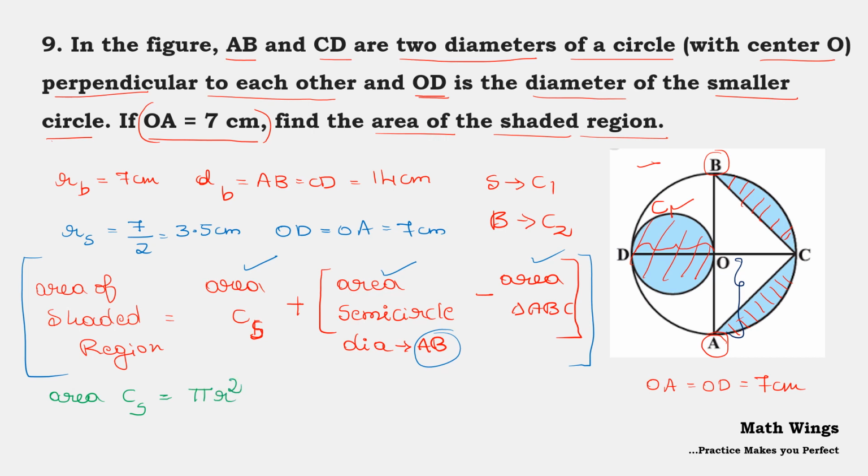Observe that they have not asked us to take pi as any value, so we can take pi as 22 by 7 into, what's the value of r here? That is nothing but half of OD. So here I have written R_S is equal to 3.5. So I can write here 3.5 into 3.5.